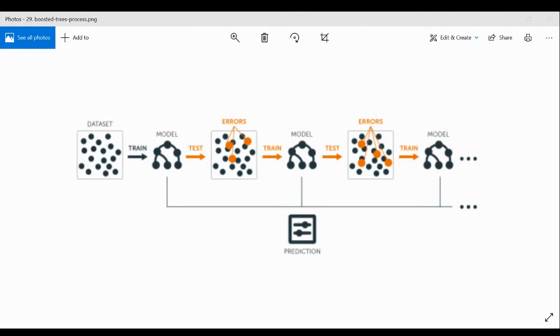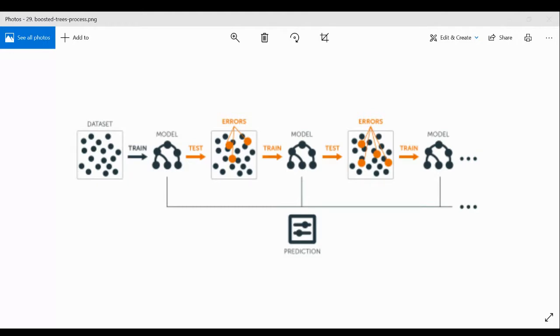Okay? Then you test that one on the validation set, say the out-of-bag points from the process of selecting a sample. Or you can use k-fold cross-validation. There's lots of ways to do the validation, right? So now you've got some different errors, right? The errors occur at different places compared to before. You've probably improved on the previous errors, but now you've introduced some other ones. So then you train a model on the errors there, okay?